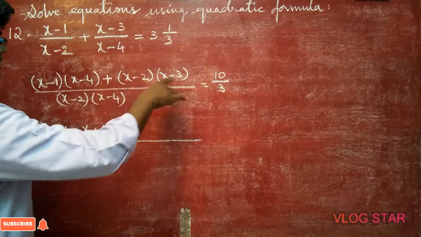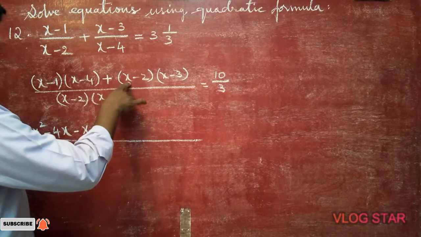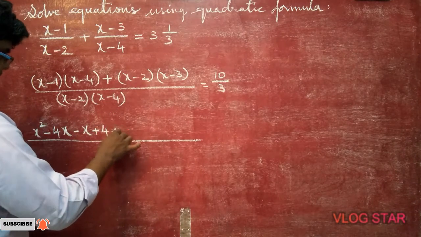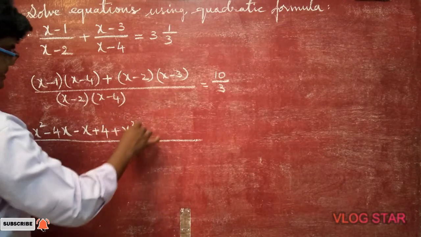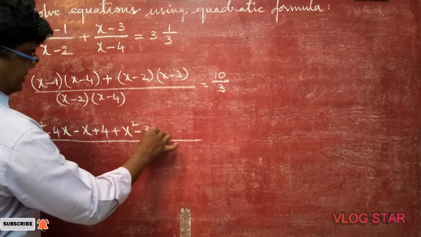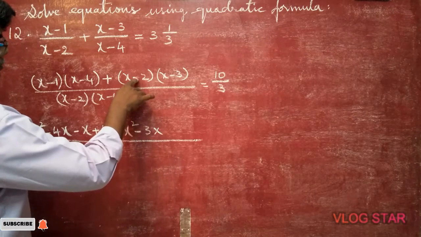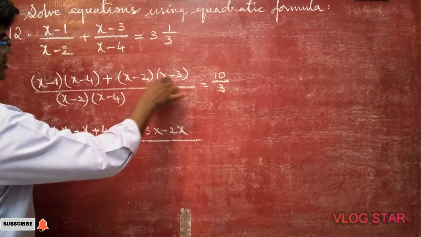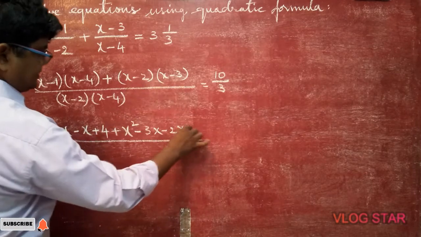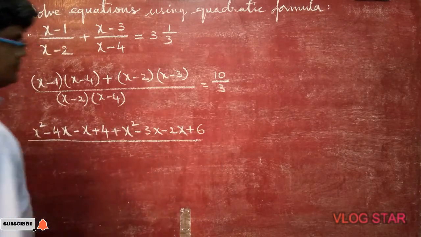Now the second term: x into x, here plus is there, plus x square; plus into minus, minus 3x; minus into plus, minus 2x; minus into minus, plus; 2 3s are 6. So plus 6.